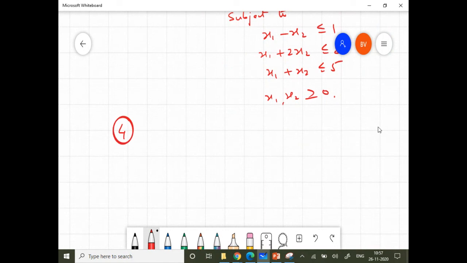Here again I will give one more problem to practice the simplex method. I'll give a problem with 3 variables and try.